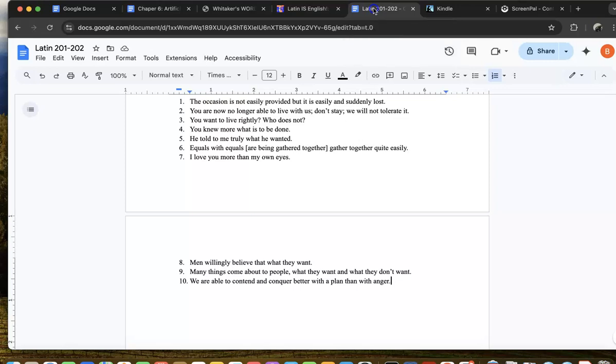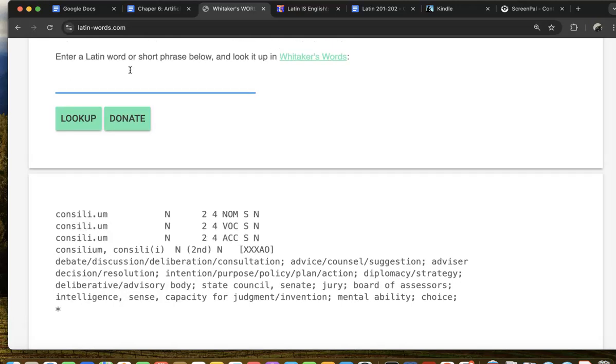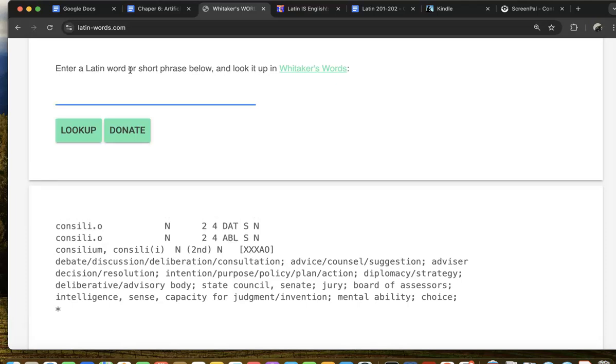And then the rest of it is just knowing the vocab. So we're able to contend and conquer better with the plan than with anger. The concilio, the ablative, is always the hard part. Because remember, concilium is the nominative. But if I change that to concilio, then it puts it in the ablative, and then we translate that as with a plan.